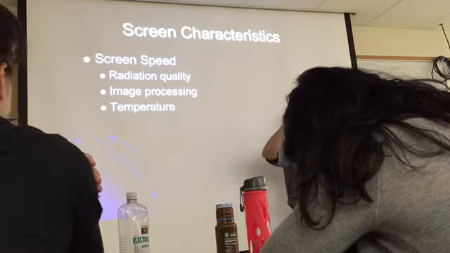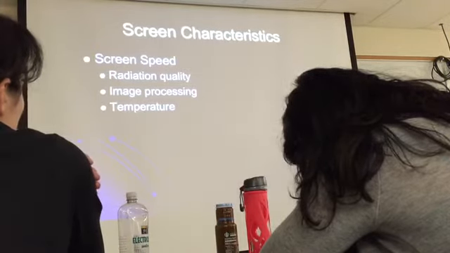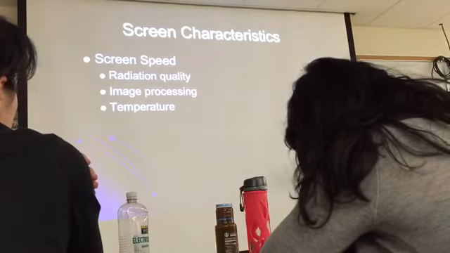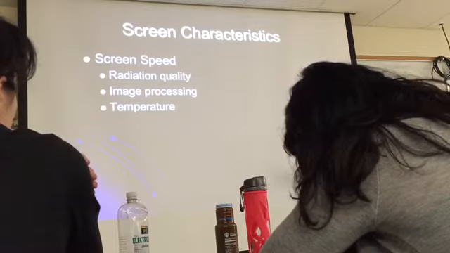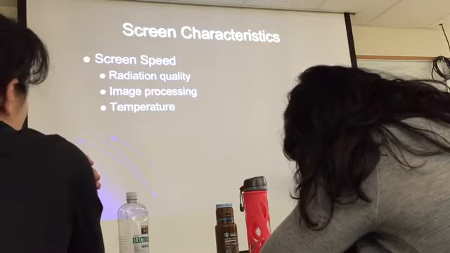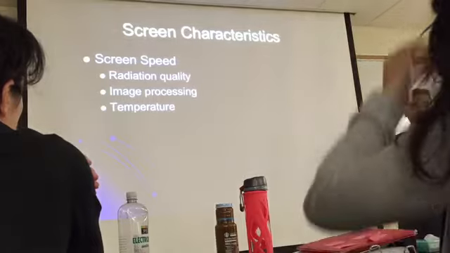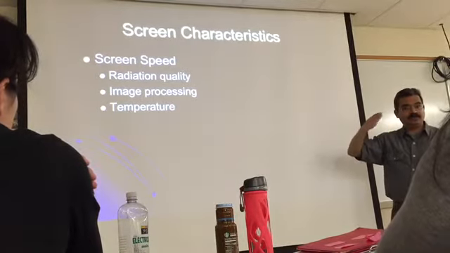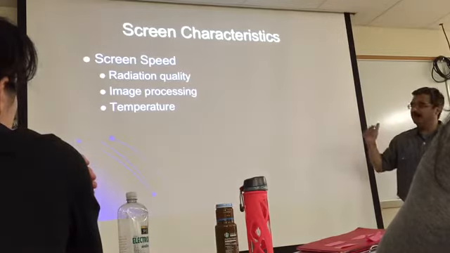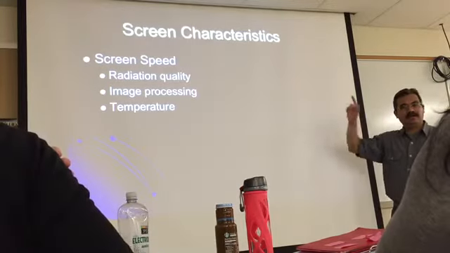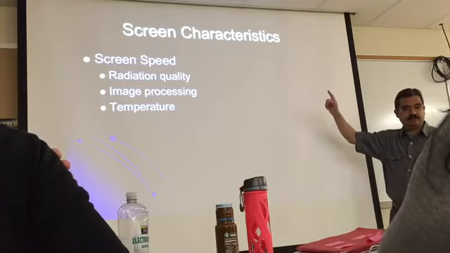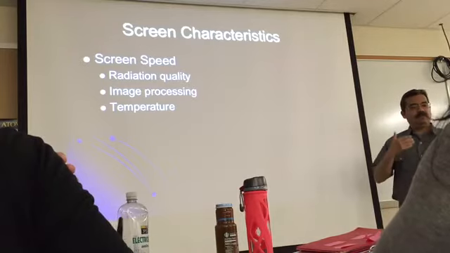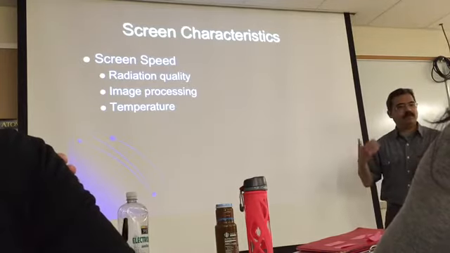Do you remember the example I gave you, that with mammo you changed the length of time? You guys remember that? When we were talking about the processor, I said mammo film requires the 2-minute processor, the 120-second processor. Why? Because it's in a slower screen-film system, and so it requires more time to be developed.